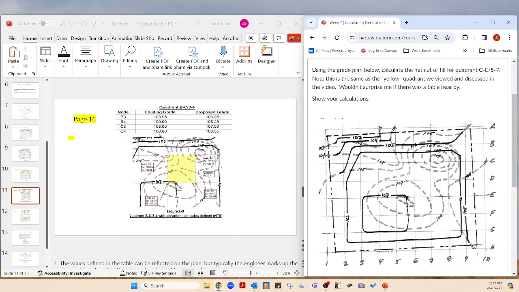That's C4. So let's see what this is. So C4 is, I think that's B3. Give me a minute. C3, B4.